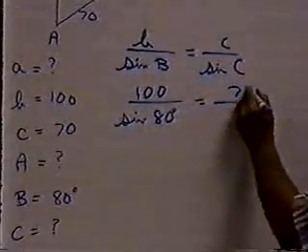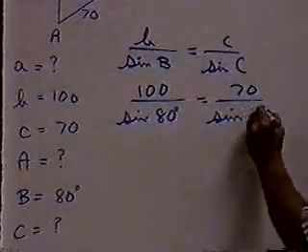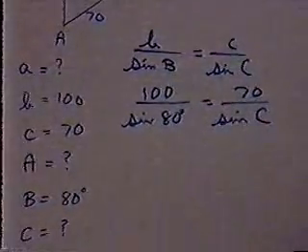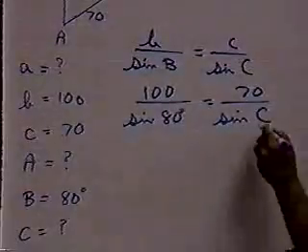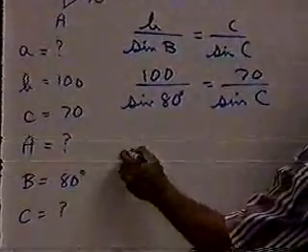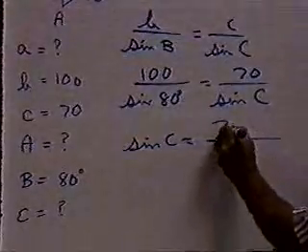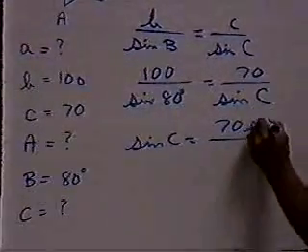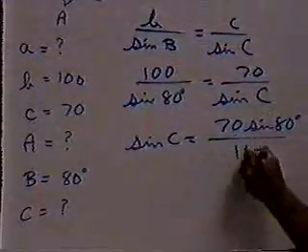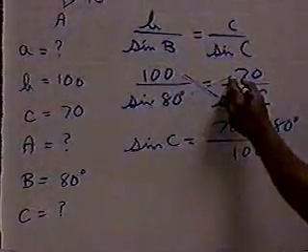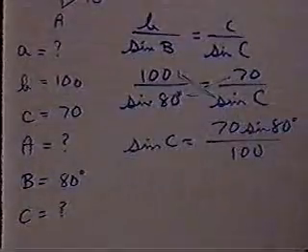C is 70, and we're looking for the angle C that we don't know. All right, good. We have 3 of those 4. Cross multiplying, this would then be 70 sine of 80 degrees divided by 100.